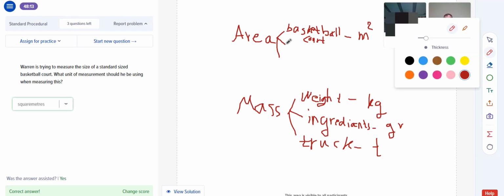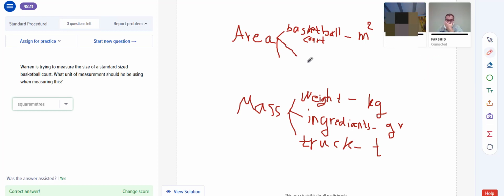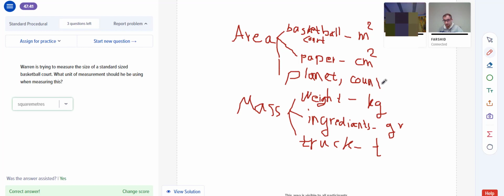And when you want to calculate the area of a room, you use square meters. When you want to calculate the area of a paper, you use square centimeter. And when you are calculating the area of a planet or country or continent, you use square kilometer.